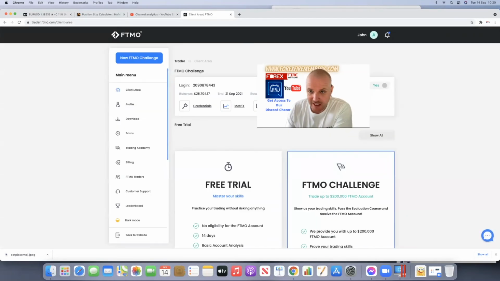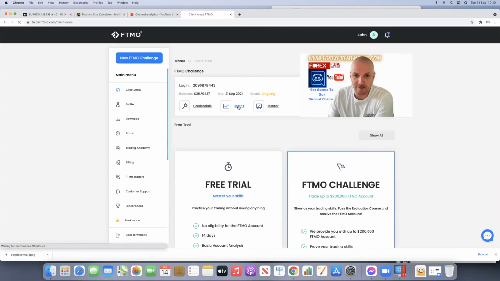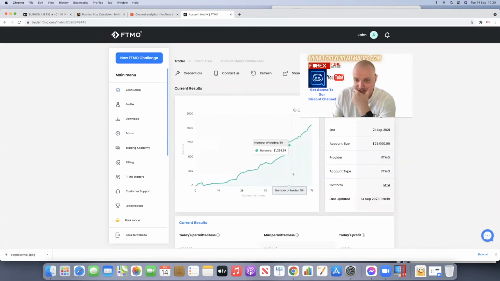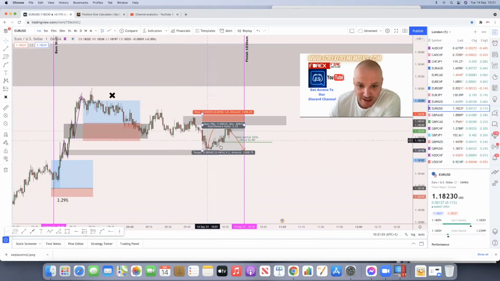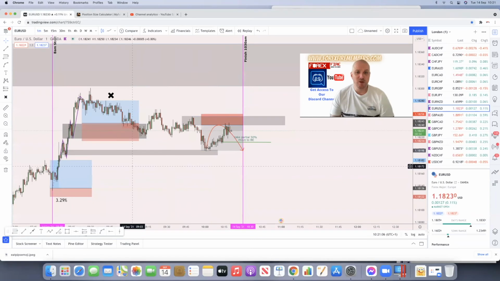Let's go to the client area, go to my metrics. At the moment, we brought it from 188 drawdown to 140. We're now only in $90 drawdown. Still got faith, guys. I think I'll end up in profit with this. I'm using my fire zones and other techniques with this as well, so I'm pretty confident as to what I'm doing with this.